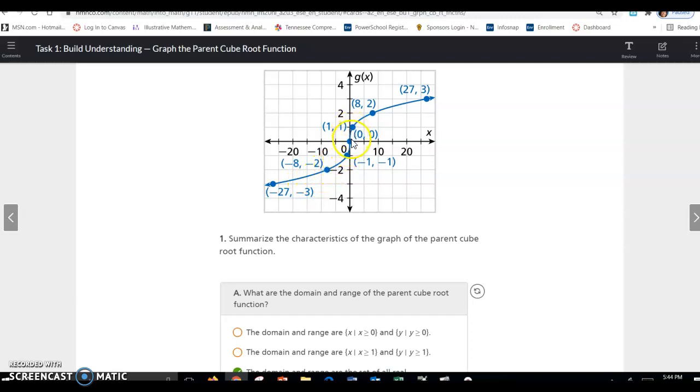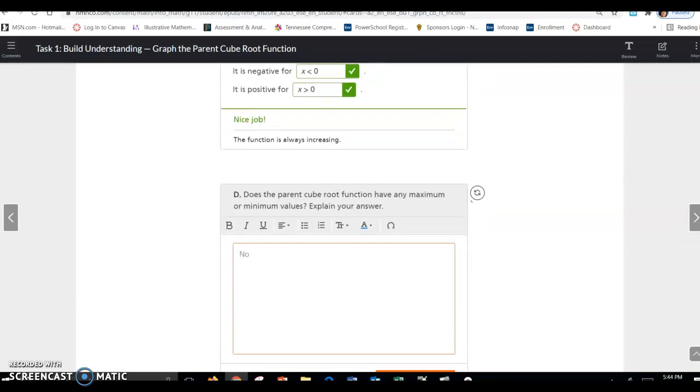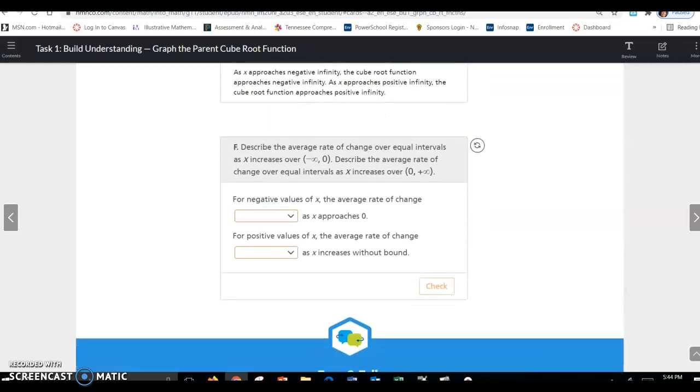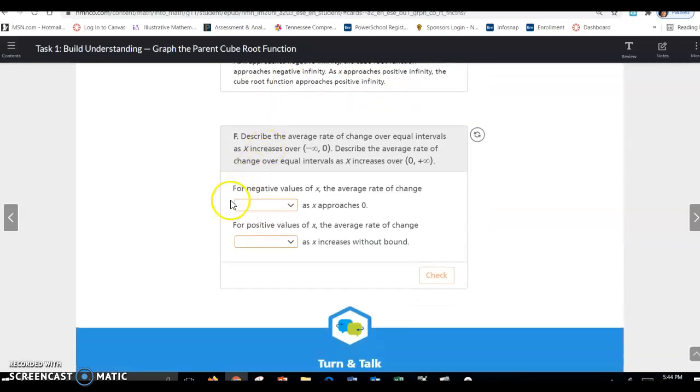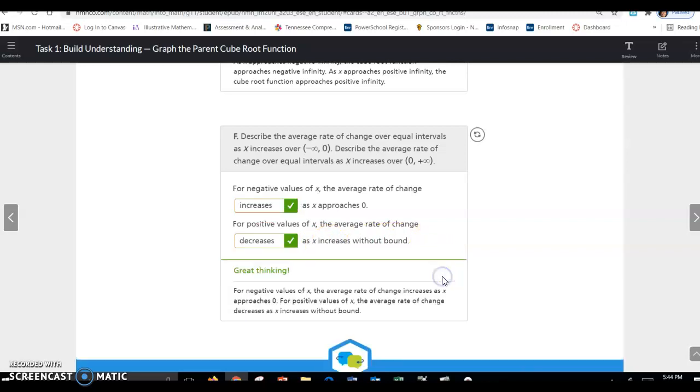And after 0, from 0 to positive infinity, it gets less. So it's decreasing after that point. It says for negative values of x, the average rate of change increases as x approaches 0, and for positive values of x, the average rate of change decreases as x increases without bound.